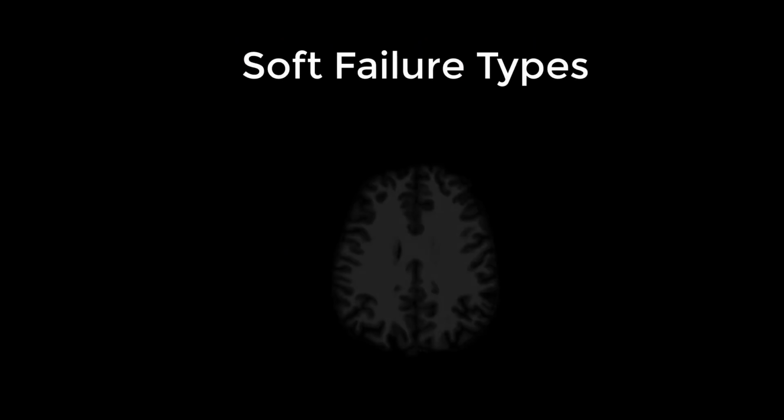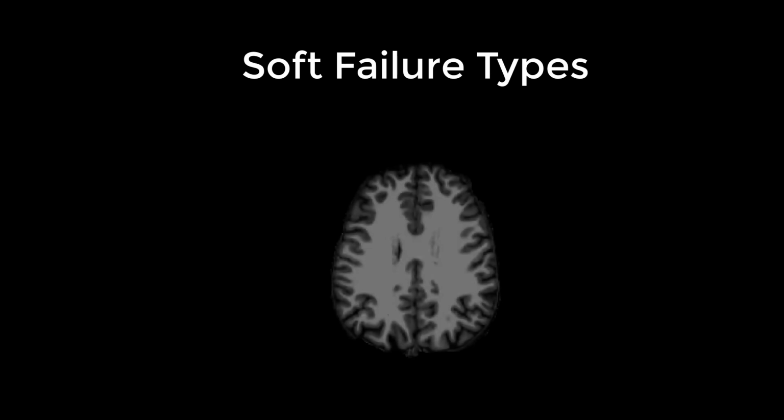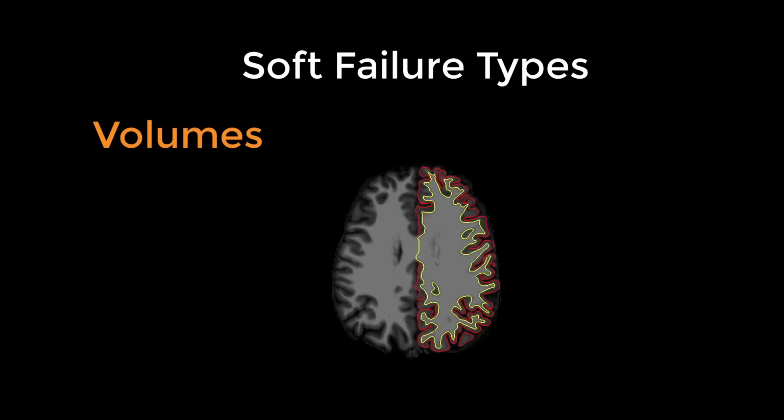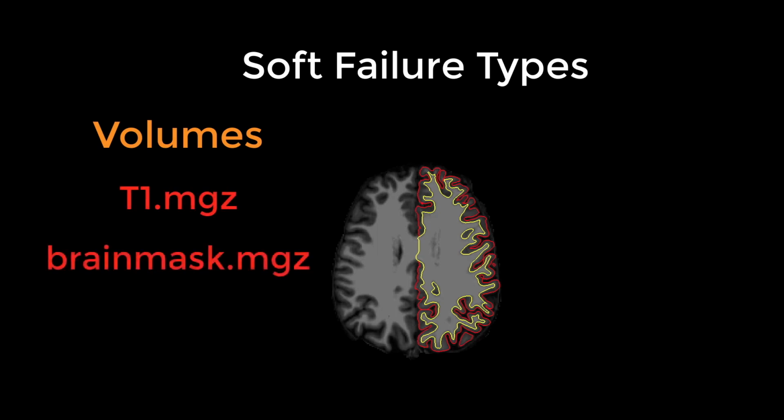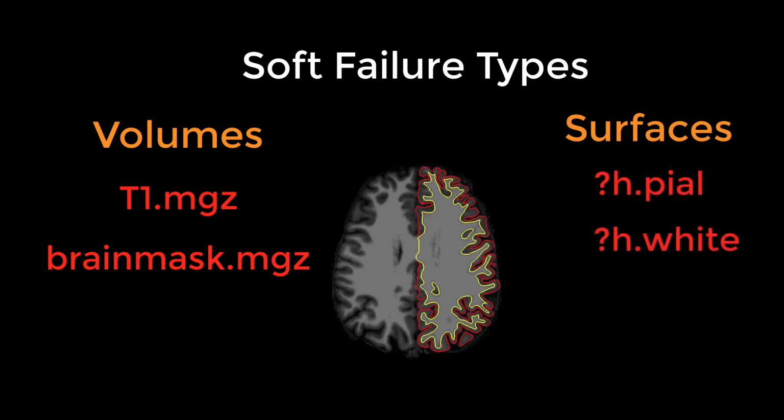Now, let's return to soft failures. To detect these errors, you will need to become fluent with looking at both volumes and surfaces in FreeView. The main volumes you will look at are the T1 and brain mask images in the MRI folder, and the main surfaces you will look at are the peel and white matter surfaces.